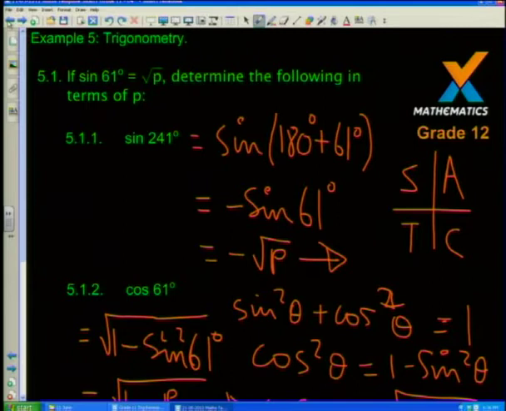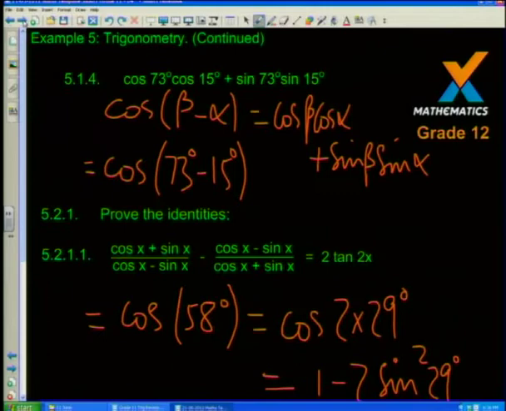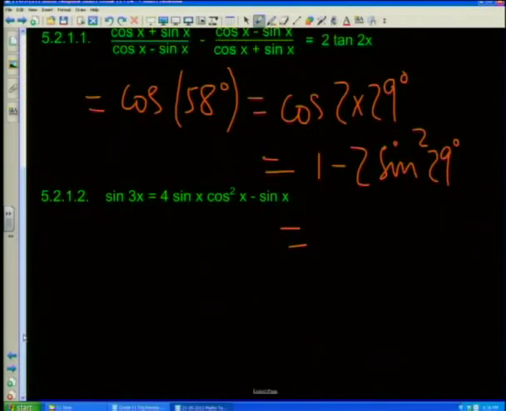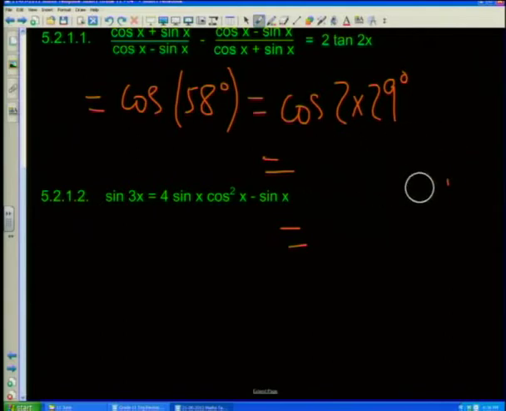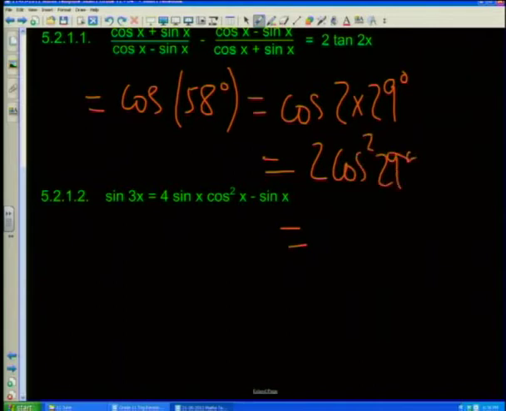we had sine 61, and we need to basically use the other. There are actually 3 forms of this double angle equation. So in this case, if I can just erase this for now, I will use the other one, which says 2 cos squared 29 degrees minus 1.